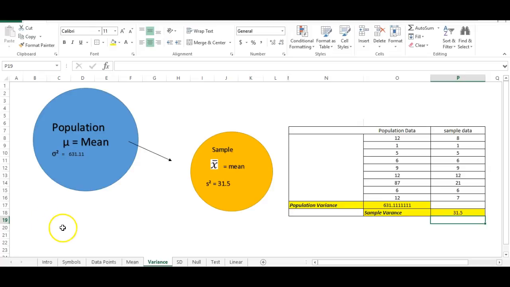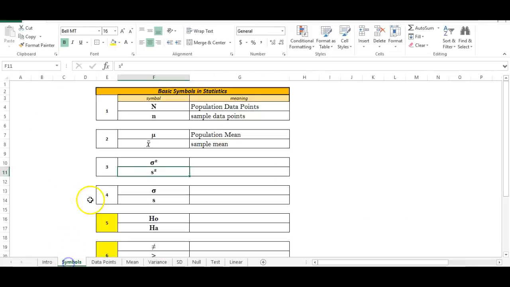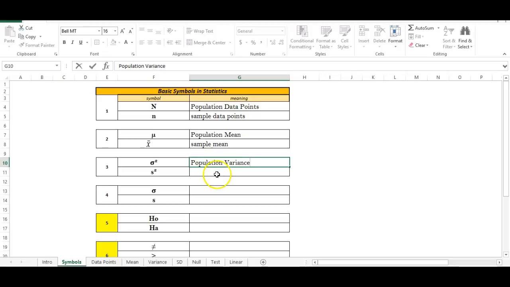So my population variance, 631.11, my sample variance, 31.5. So again, in terms of symbols, sigma squared would be my population variance. My lowercase s squared would be my sample variance.